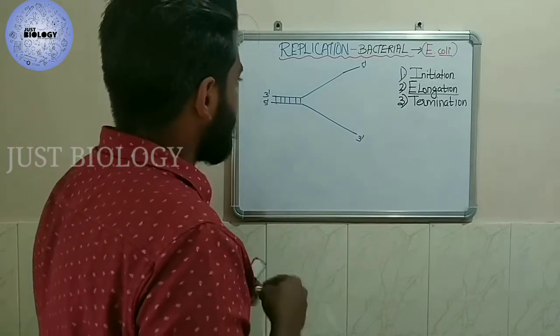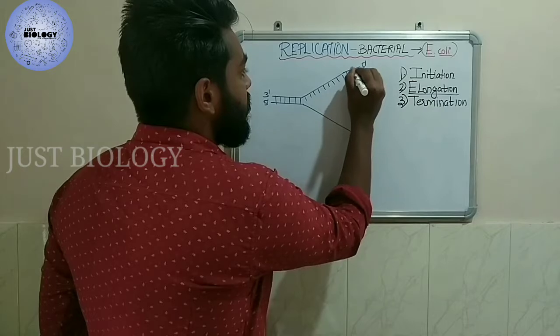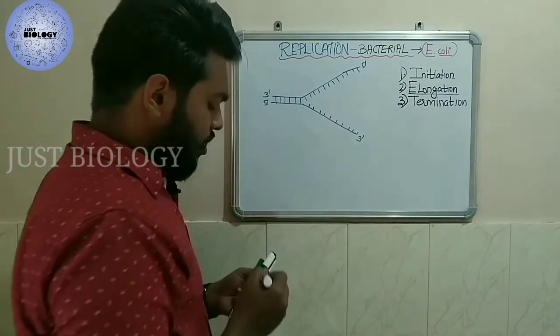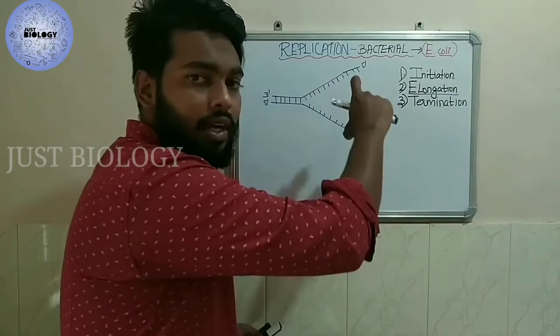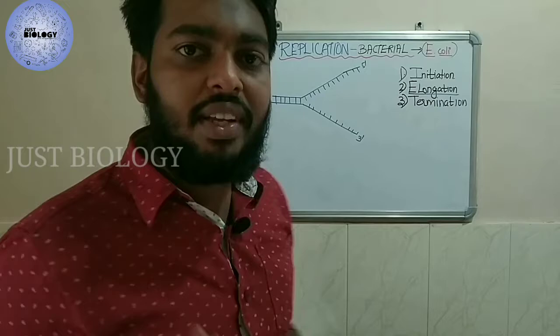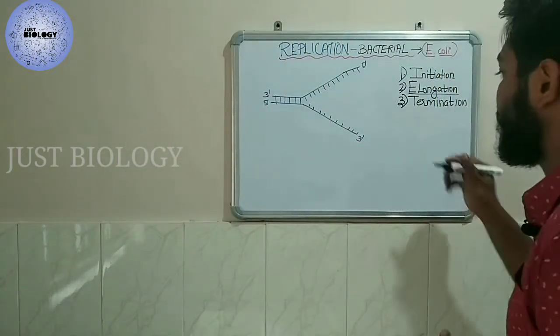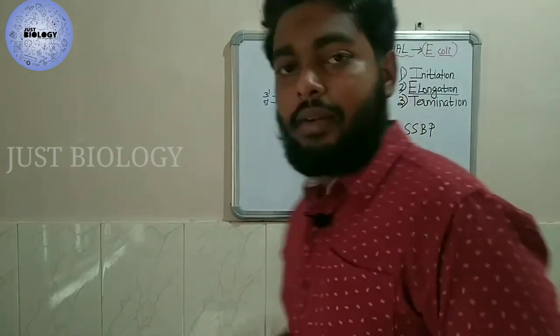Now these are the hydrogen bonds, the broken hydrogen bonds. Here also you can see many bonds. I have told you that the rejoining of these two strands is prevented by a specific protein called SSBP, the single strand binding protein.